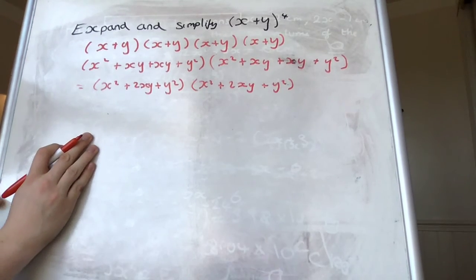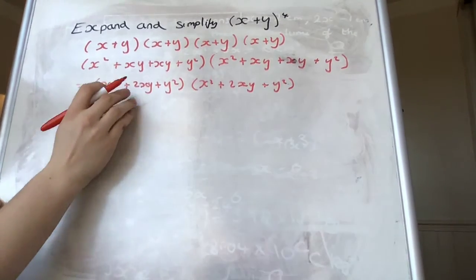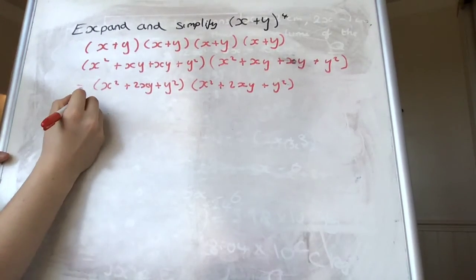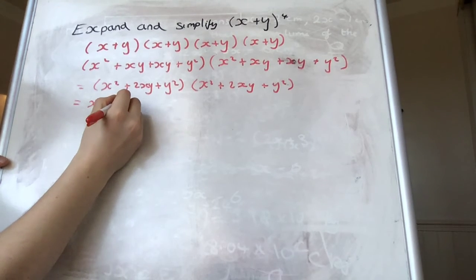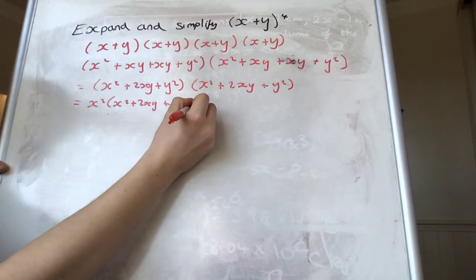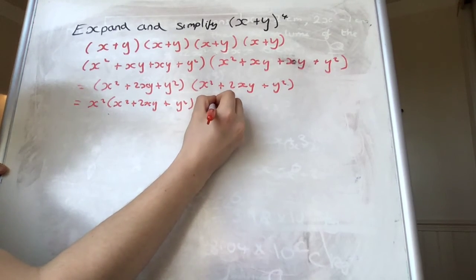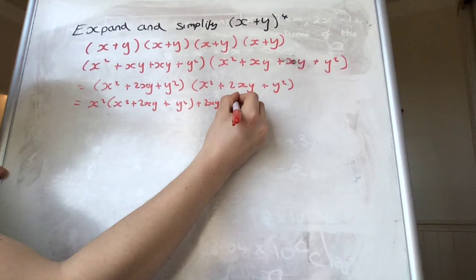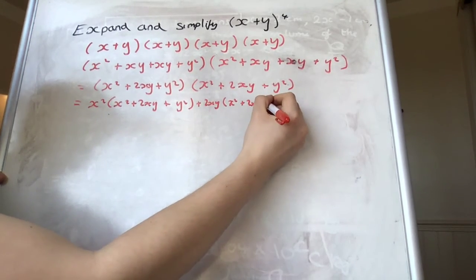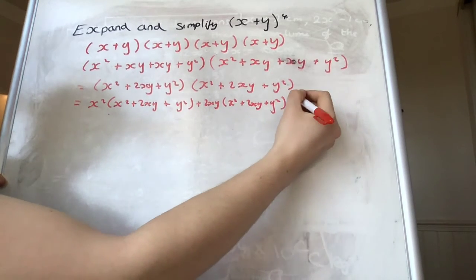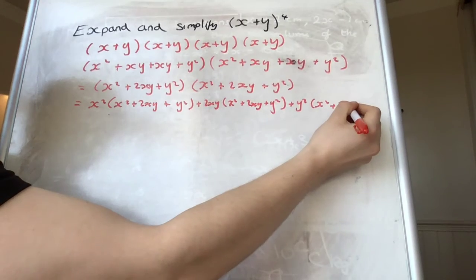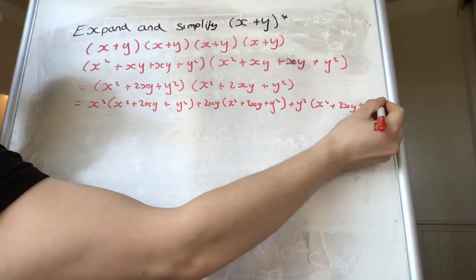So again, the process would be to multiply each one of these numbers by each of these numbers in the second bracket. So we can write out this equation as (x squared plus 2xy plus y squared) x squared plus (x squared plus 2xy plus y squared) 2xy, and that's getting a bit small, my handwriting, because I've realised I'm running out of space at the end here, plus (x squared plus 2xy plus y squared) y squared.